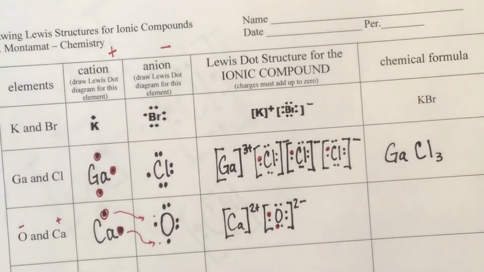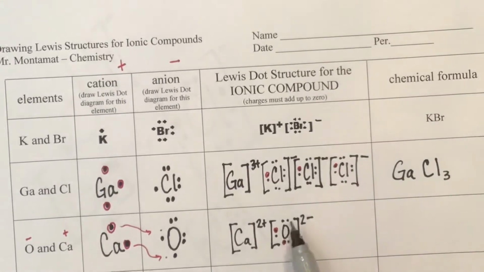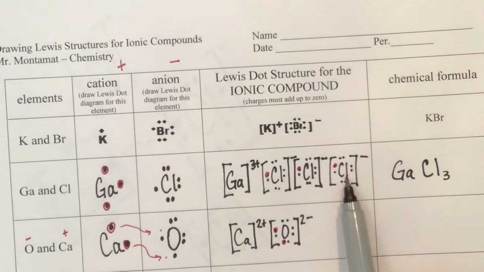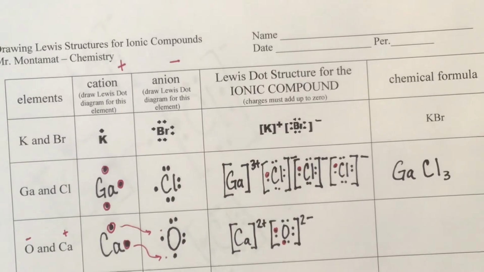What does that equal? That's right, 0. And if we look up at this one here, I forgot to do the math up here. +3, -1, -1, -1. That equals 0, too. Remember, ionic compounds, they want to form a net charge of 0. The positive and negative charges are going to cancel out.